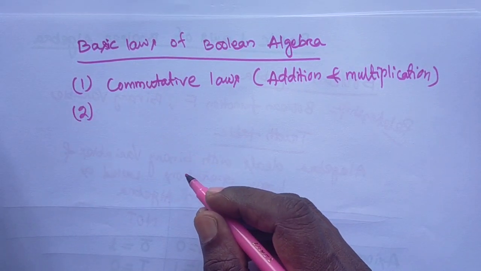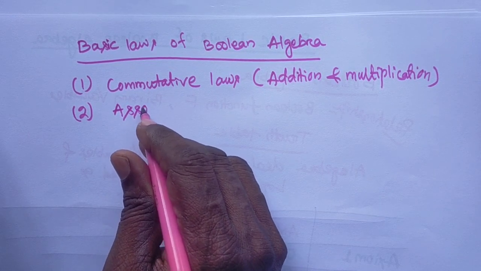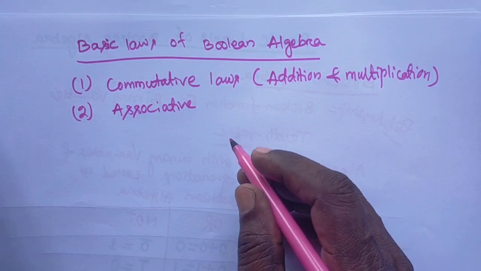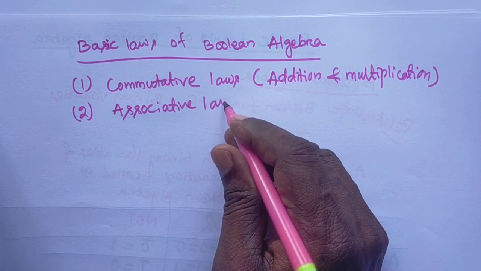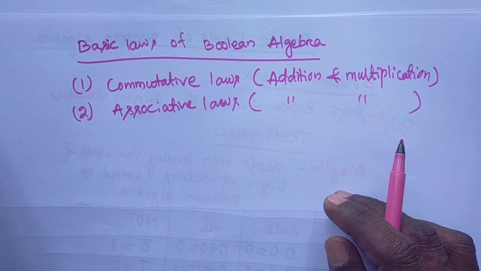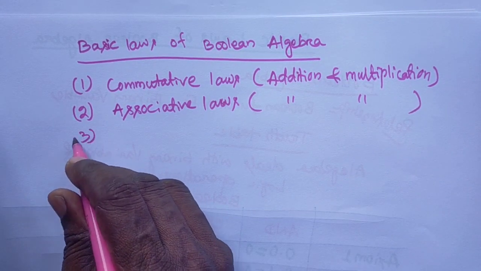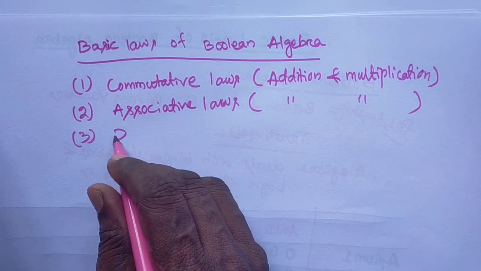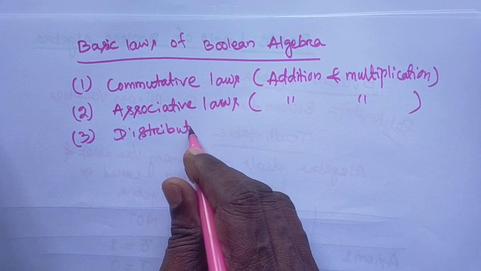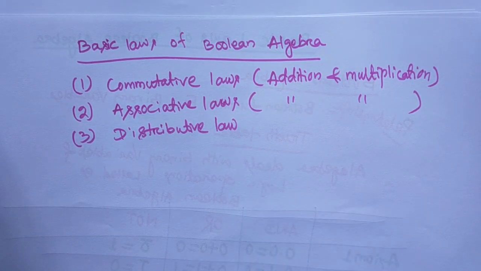Another is associative laws, for both addition and multiplication. And the third one is the distributive law.